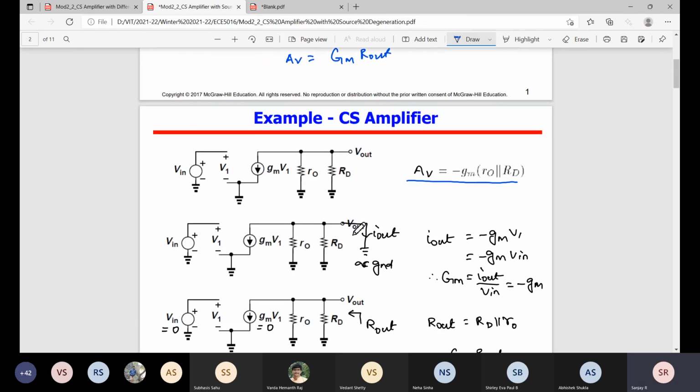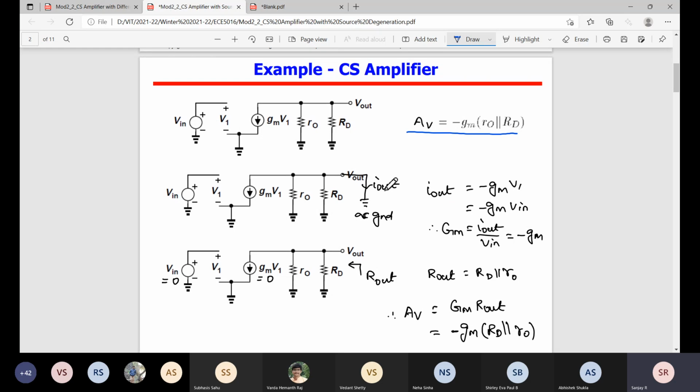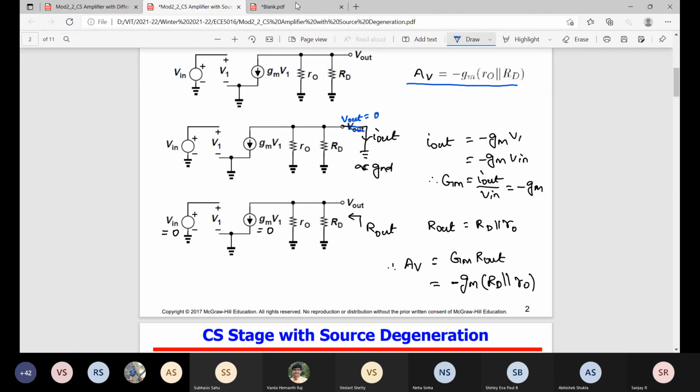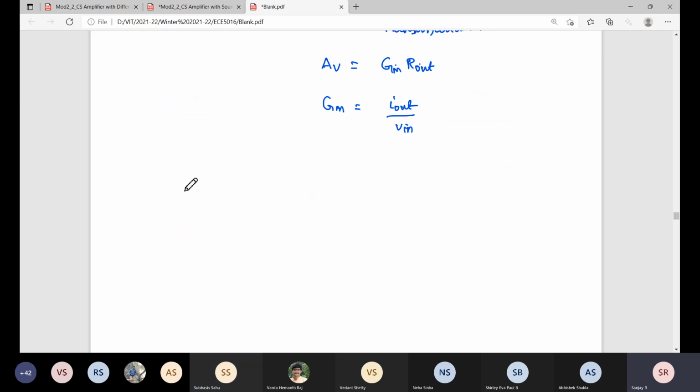Okay, let's take the same amplifier. I want to measure Gm. So I need to make Vout 0, short circuiting here at Iout. If Vout is 0, this is a short circuit. So what about the effect of RO and RD, will it come into the picture? Okay, let me draw again. Some resistance there, I am short circuiting here. What is the equivalent impedance here?